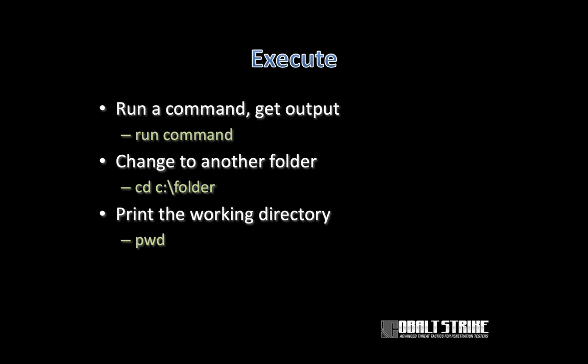One thing I do want to point out while we're here, Beacon's command parser is position based. So when you do run and give it a bunch of stuff, the command and arguments you provide are passed to the Windows API to execute a program as is. They are not transformed. Same thing when you do cd.